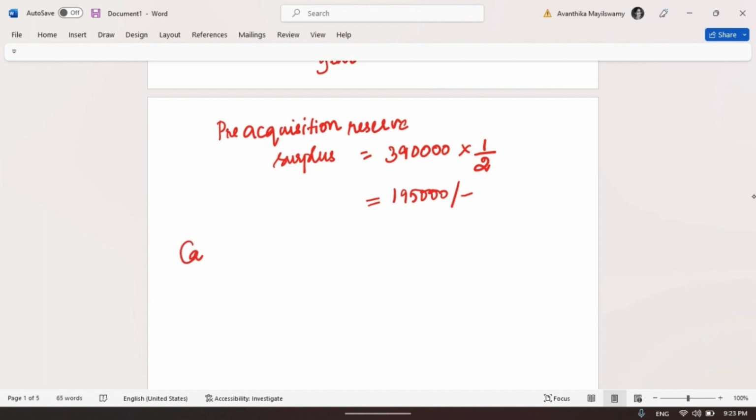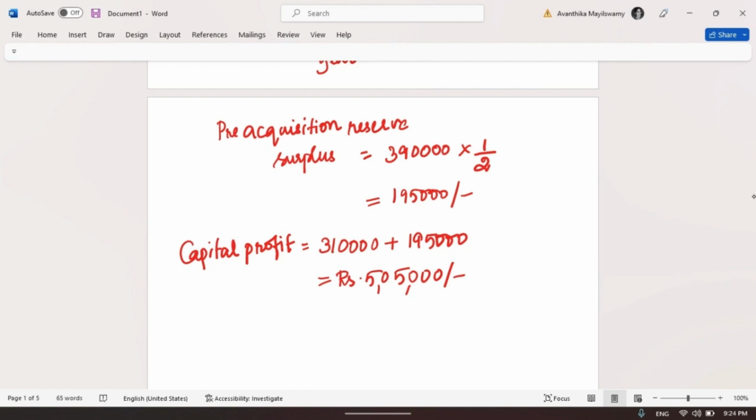So capital profit is equal to the amount which we have in hand already, that is 3,10,000, which we got out of the opening balance, plus 1,95,000, which is equal to 5,05,000.